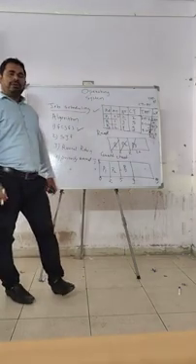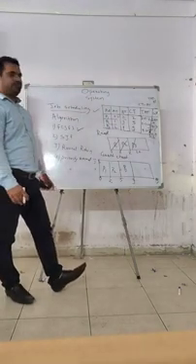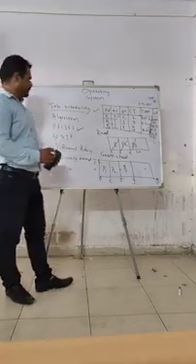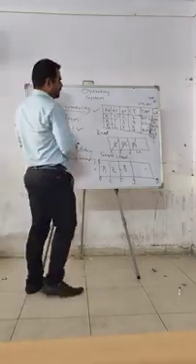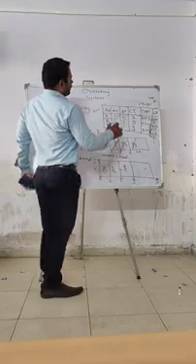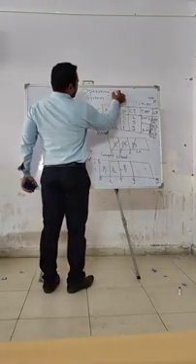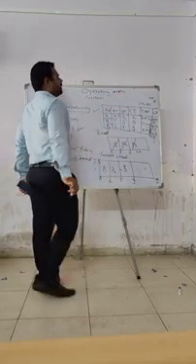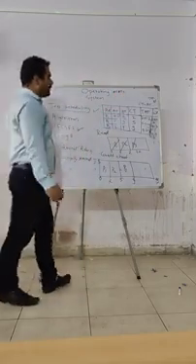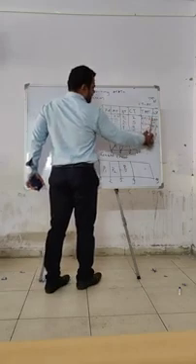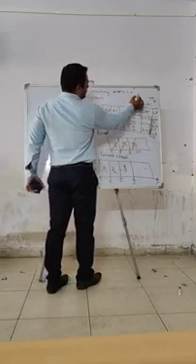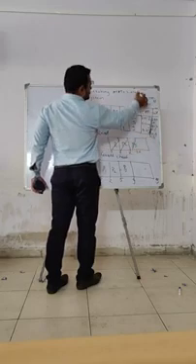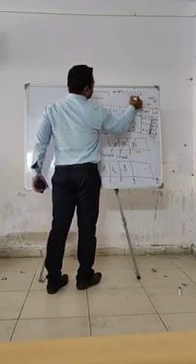Now we will calculate average turnaround time and average waiting time. See here, we will calculate average turnaround time. It is equal to the average of these three: 2 plus 4 plus 7, divided by 3.